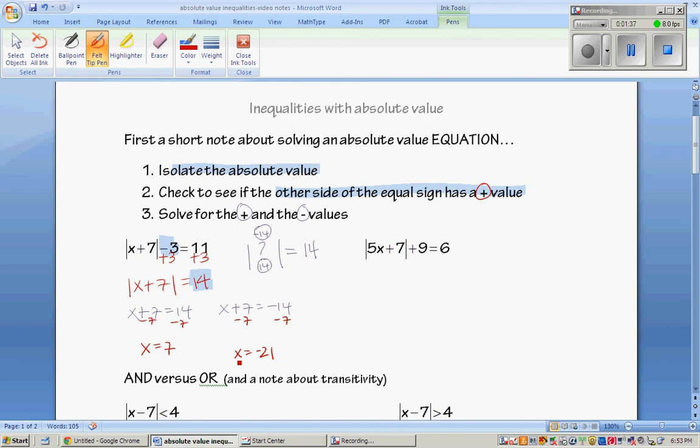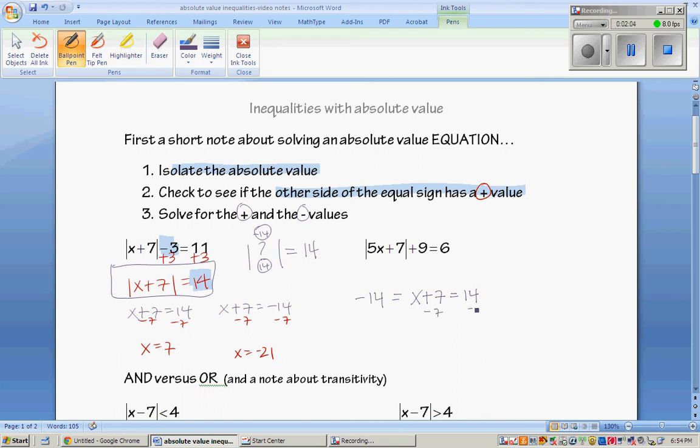Both are solutions. If you like to solve one equation instead of two, what you can actually do, just so you know, is once it's isolated, once you've gotten to this stage and you know that it's positive, you can do this: x plus 7 is equal to 14, and you can also say it's equal to negative 14 over here.